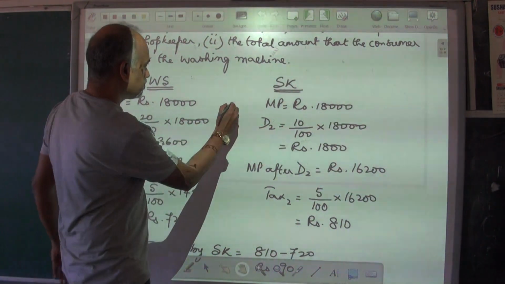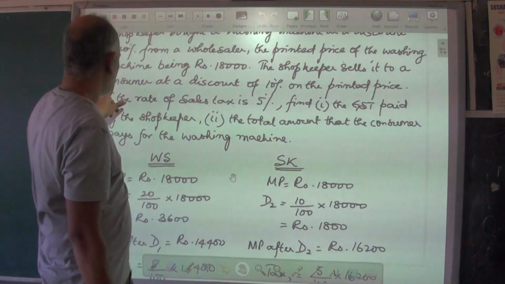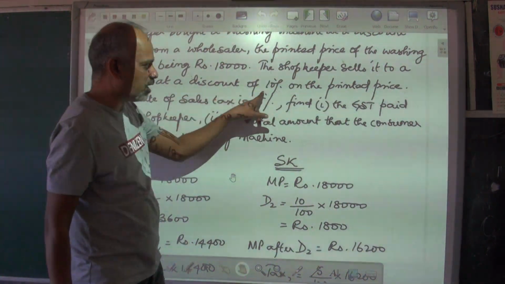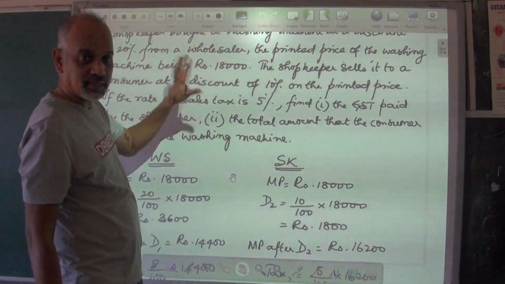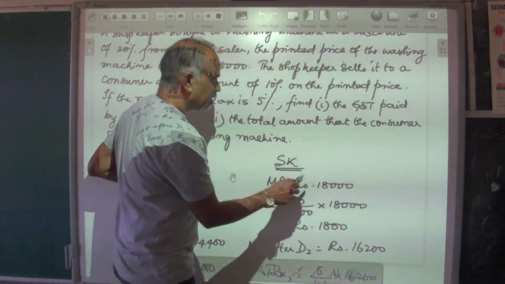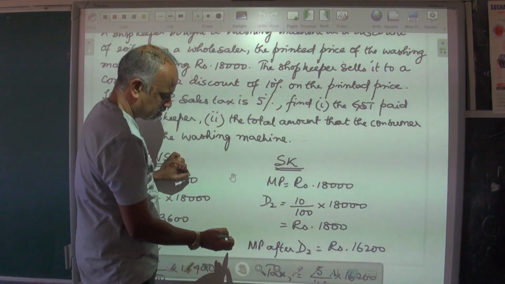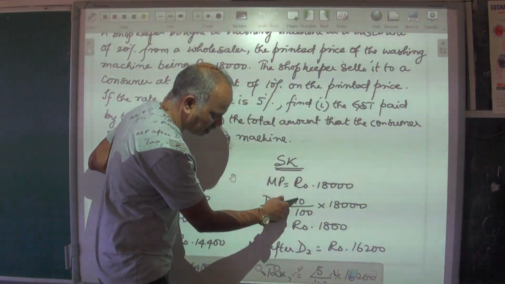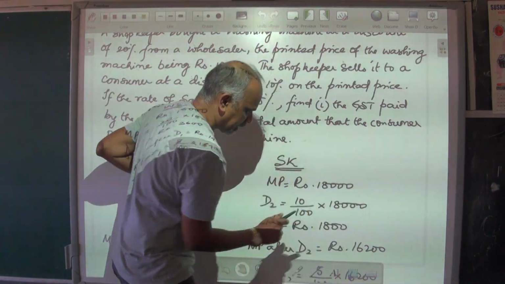In the second case, the shopkeeper sells it to a consumer at a discount of 10% on the printed price. Again, the printed price is the same, 18,000. That's the mark price, rupees 18,000. But the shopkeeper gives a 10% discount on this. So discount in the second case is 10 over 100 of 18,000.